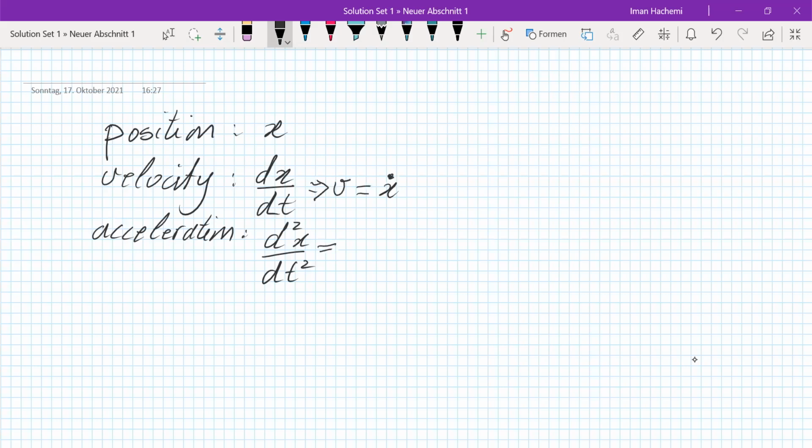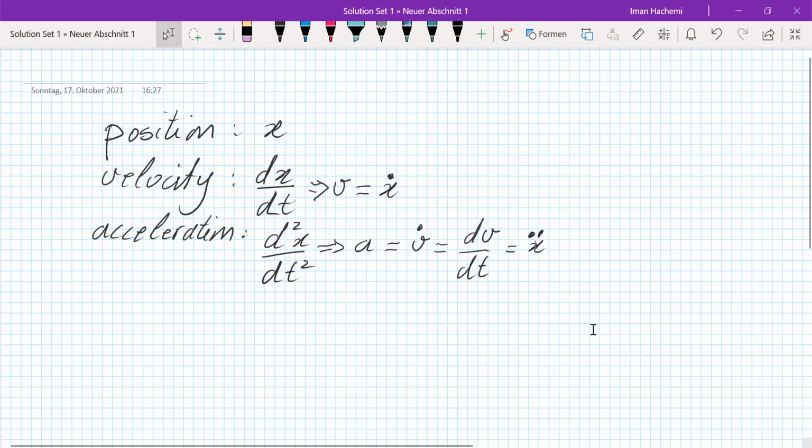And this is the acceleration, which we call a. Here it is only the velocity derivative, v dot, which is equal to dv divided by dt, and also the second derivative of the position, x double dot.